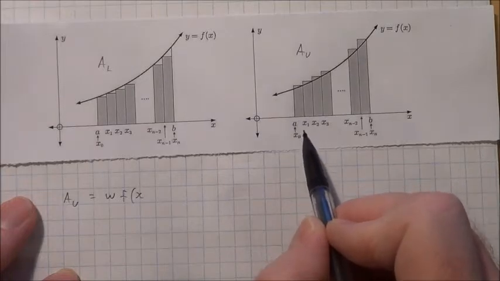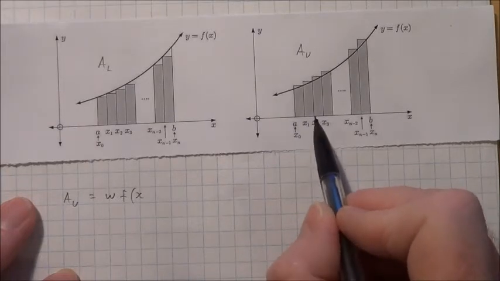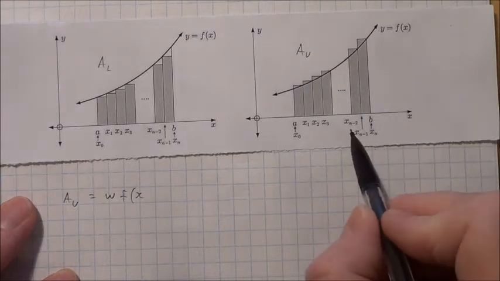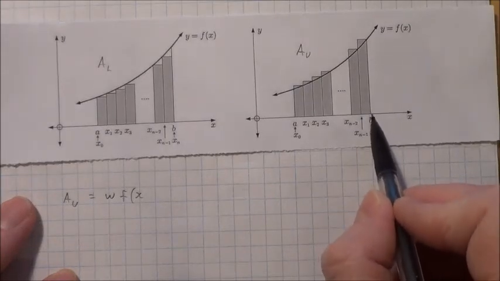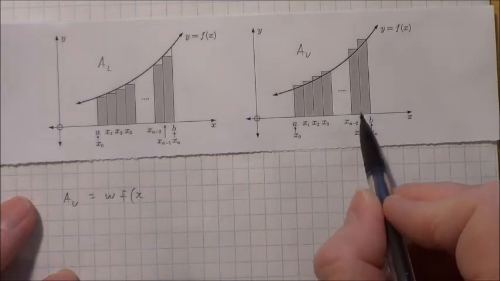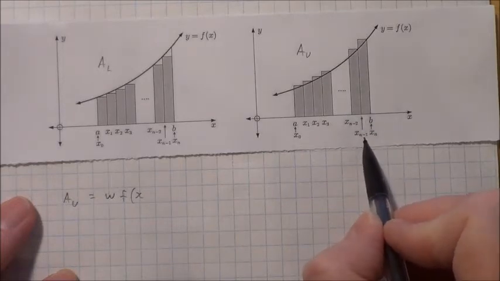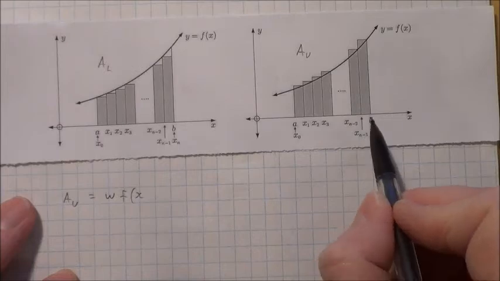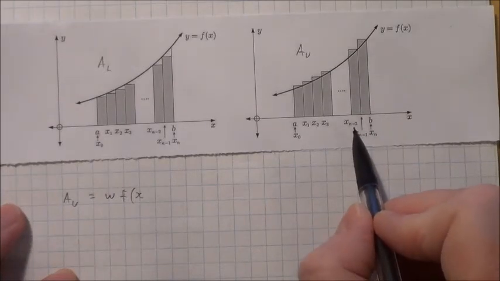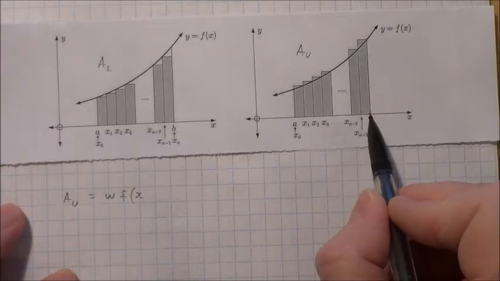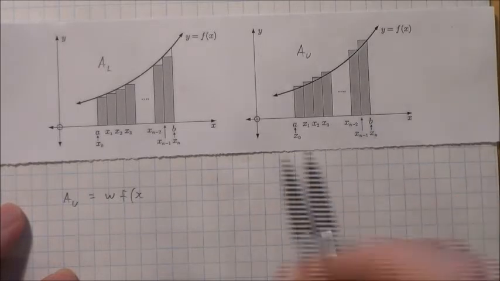Then the next x value will be x1, the next x2, etc., all the way up to x sub n, which is b. So the x value before that would be x sub n minus 1, one x value less than n, and this is x sub n minus 2, which is two x values less than n.